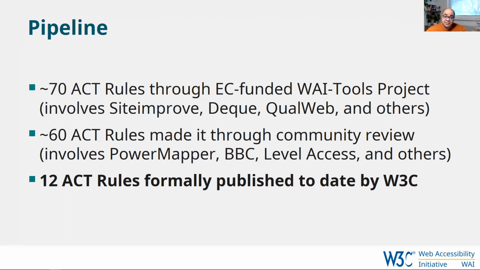Some of them substantial in terms of interpretation, but many of them editorial, how the rule can be clearer, how it can be better cross-linked to WCAG and to the techniques and things like this. So it cycled through, and then we resubmitted, and eventually we're really building that basis. We have 12 rules that are formally published by W3C meanwhile. And I say that with great honor because I know how much hard work there has been to actually get these 12 rules approved.